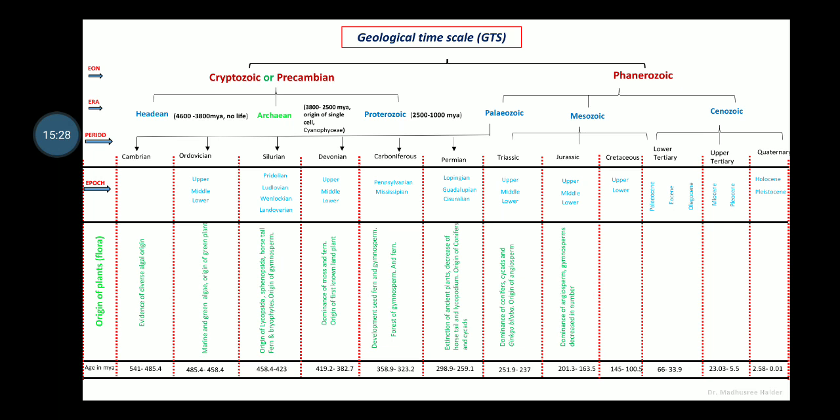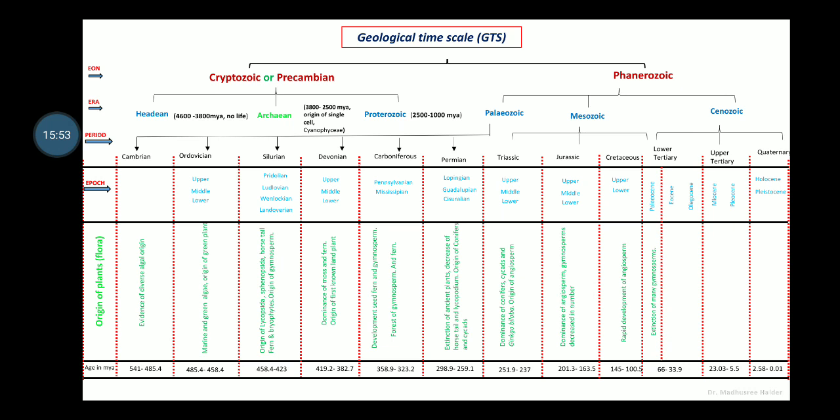And in the Jurassic period, the most important thing is dominance of angiosperms, that is the dominance of flowering plants, and the number of gymnosperms decreased. And in the Cretaceous period, rapid development of angiosperms was found.